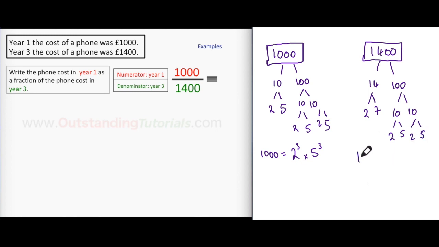So therefore 1400 is equal to 2 to the power of 3, 5 to the power of 2, and the 7.